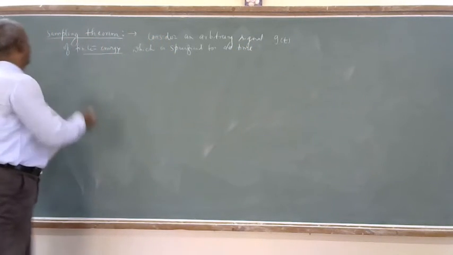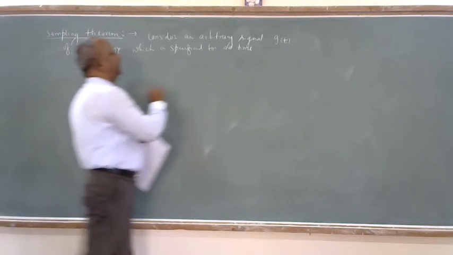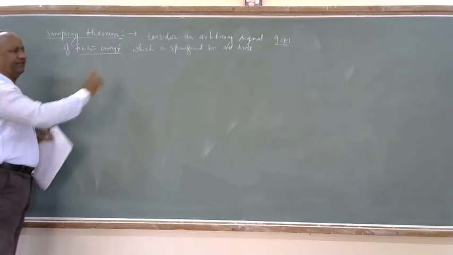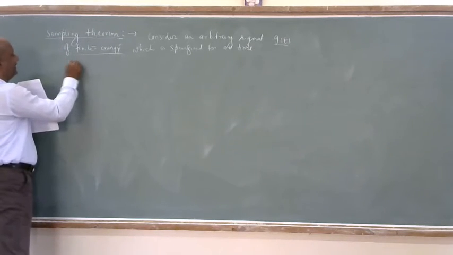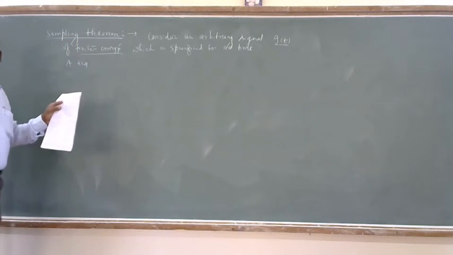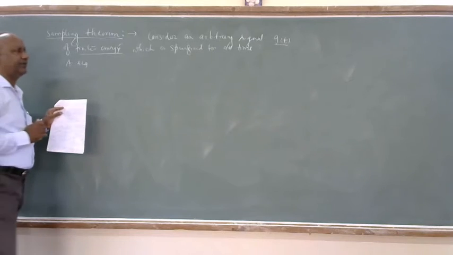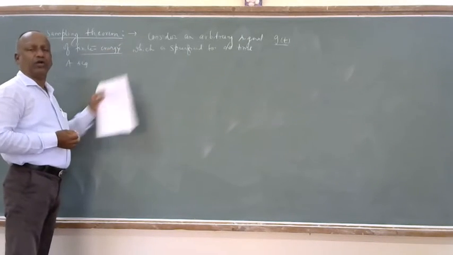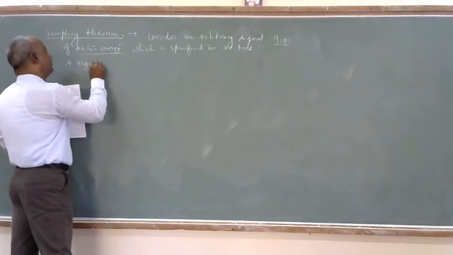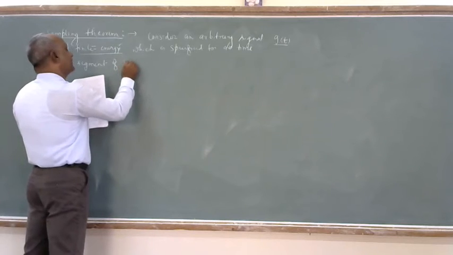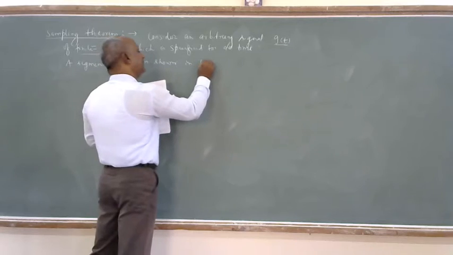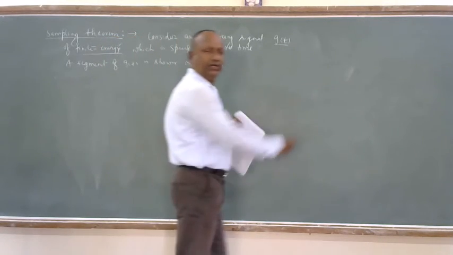Okay. Definition of a signal g of t which is finite in energy and specified for all time. I will take a segment, because it is specified for all time, so for every instant of time it has its amplitude, but I am not drawing it for all the time. A segment of g of t is shown in figure 1a. So I will take this.